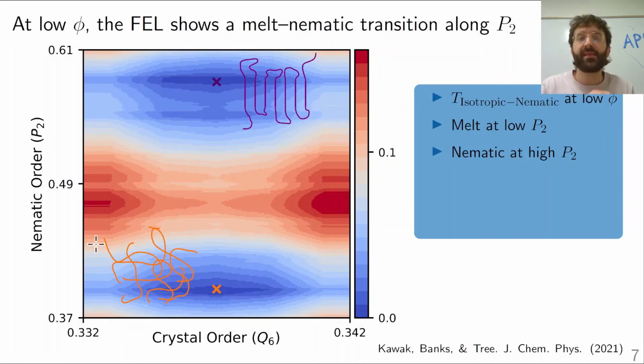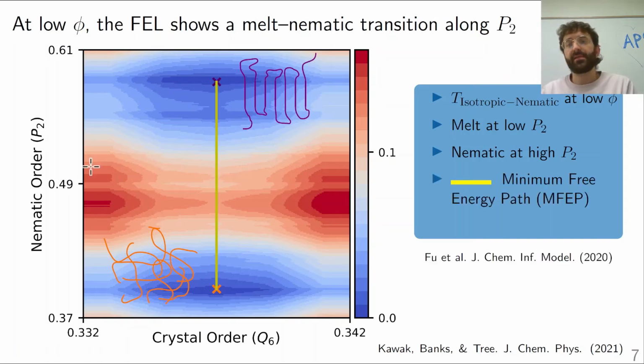At low density, we find in the system that there is equilibrium between a melt and a nematic phase, and this melt and nematic phase lack crystalline order, and essentially it's just an isotropic to nematic transition where you have these chains that are amorphous, forming parallel lamella. And the melt is right here at low P2, and the nematic phase, as you can see, is at high P2.